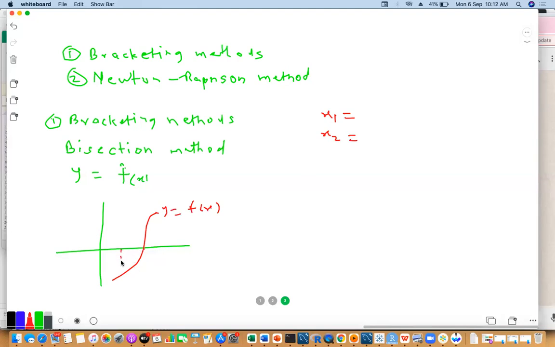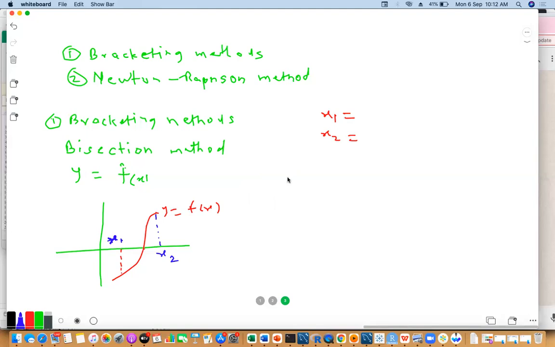Let us say this is x1 and this is x2. What we are assuming is that the root of the equation lies at the midpoint of these two initial guesses.